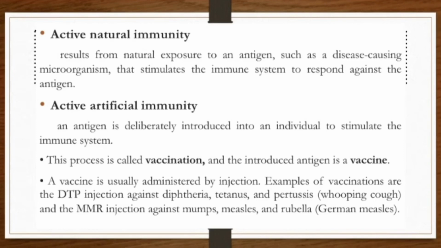Because the individual is not immune during the first exposure, he or she usually develops the symptoms of the disease. Active artificial immunity: an antigen is deliberately introduced into an individual to stimulate the immune system. This process is called vaccination, and the introduced antigen is a vaccine.